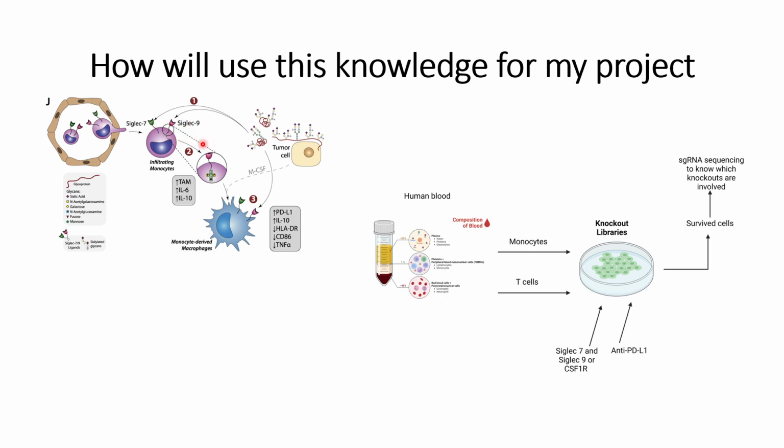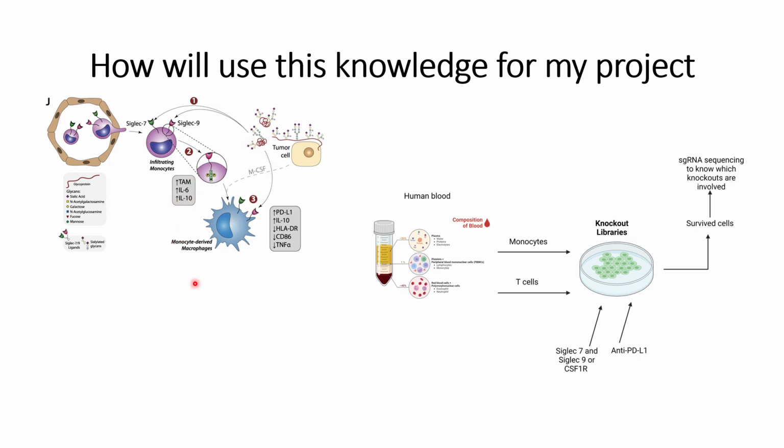From that paper we found that tumor cells have more Siglec-7 and Siglec-9 ligand, and this interaction of Siglec-7 and Siglec-9 with the tumor cells helps them differentiate towards M2 phenotype macrophages. However, if these receptors are blocked, then they will not differentiate into M2 macrophages, whereas they will differentiate into M1 macrophages, and that is beneficial as it will have an anti-tumorigenic effect.